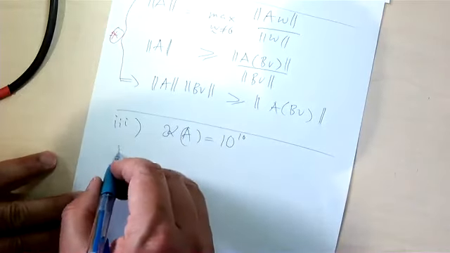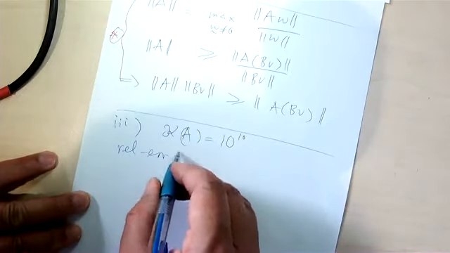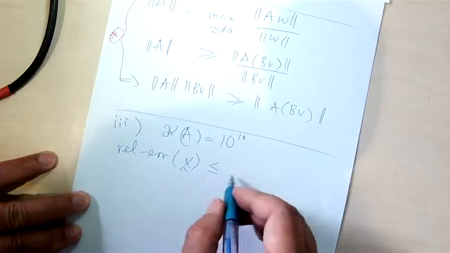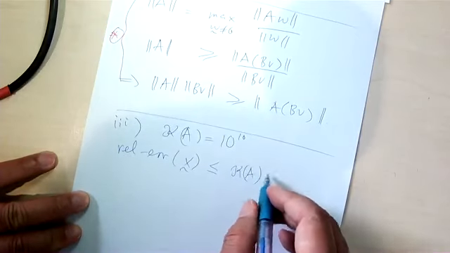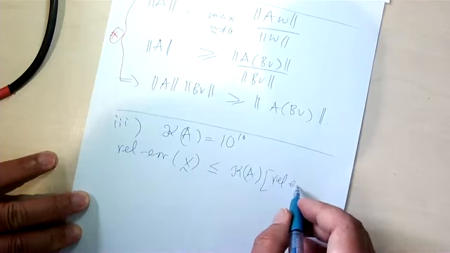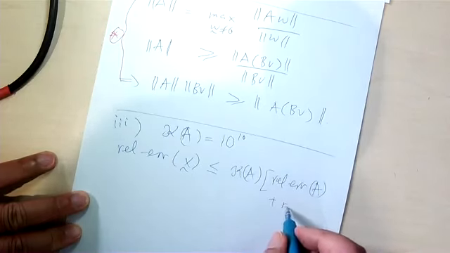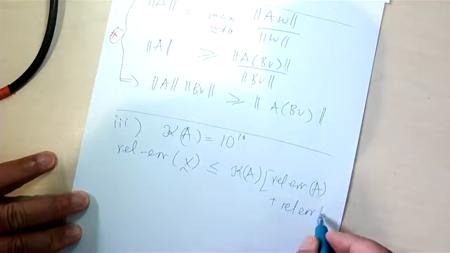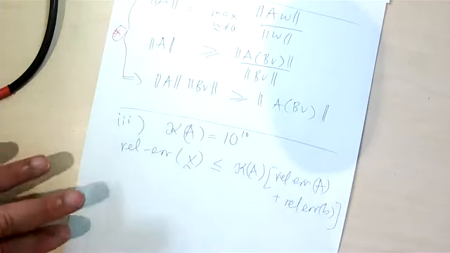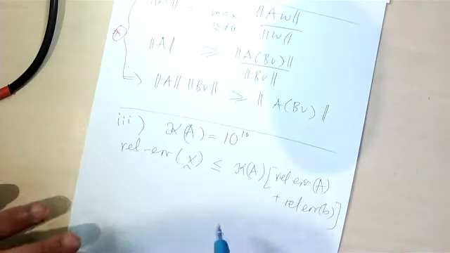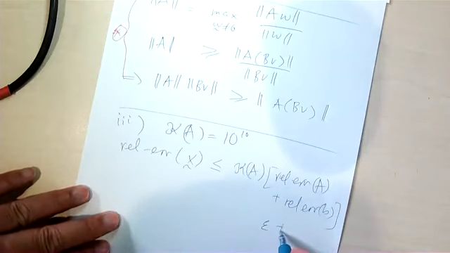So you have to say that the relative error in X will be less than or equal to the condition number of A multiplied by the relative error in the vector B. And in this case, because they're known exactly, it means that you just have epsilon for each of them.